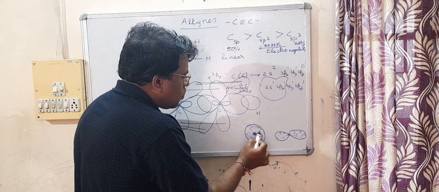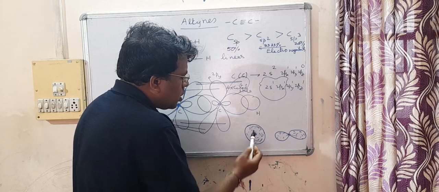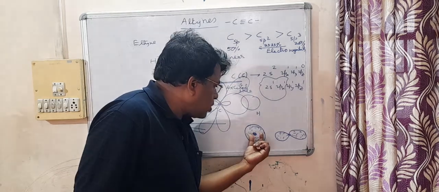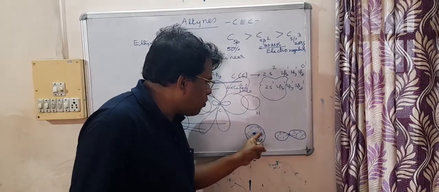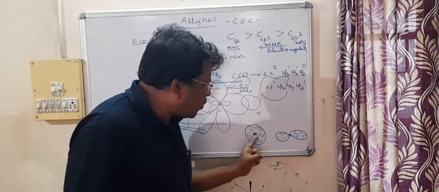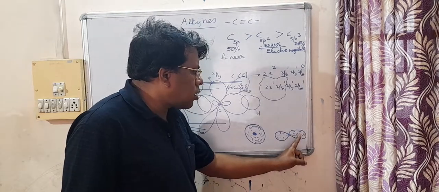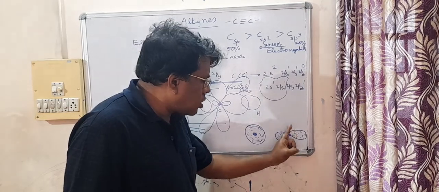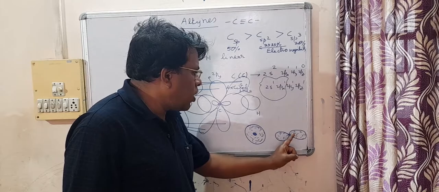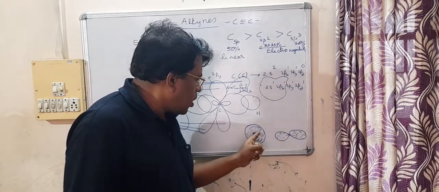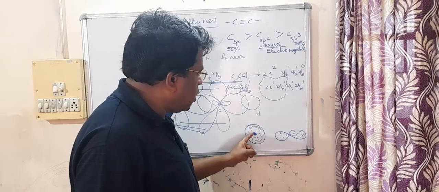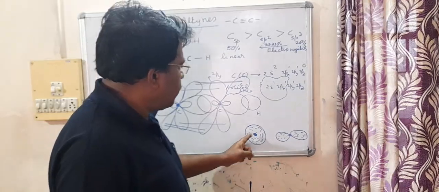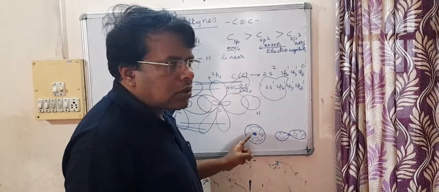Now because of the shape of the s orbital, s electrons are likely to be found more close to the nucleus. P electrons are not likely to be found very close to the nucleus. Since s electrons are found more closely to the nucleus, we use the term that s electrons are penetrative.